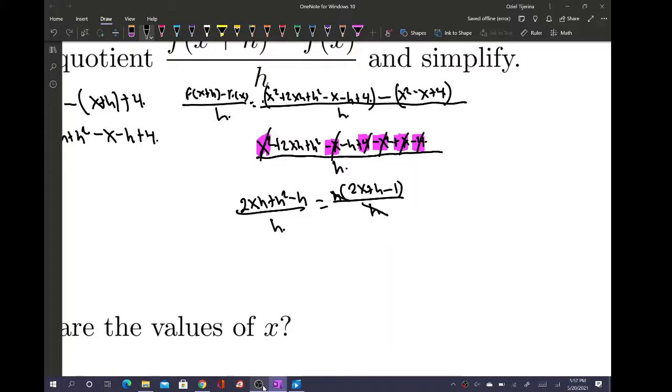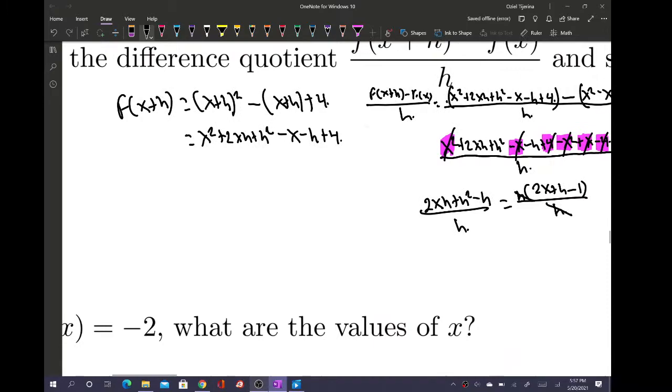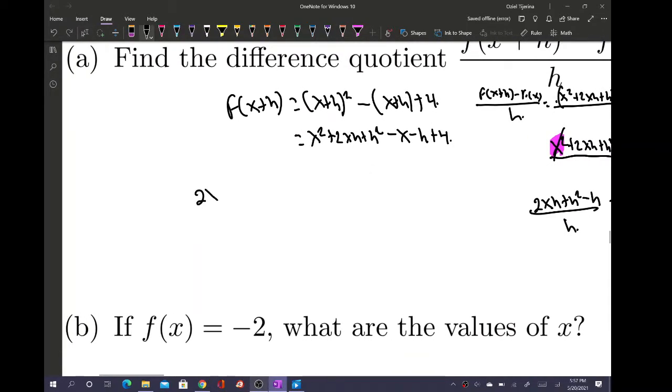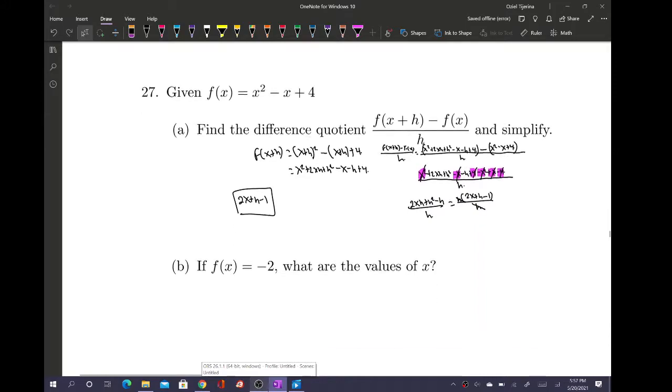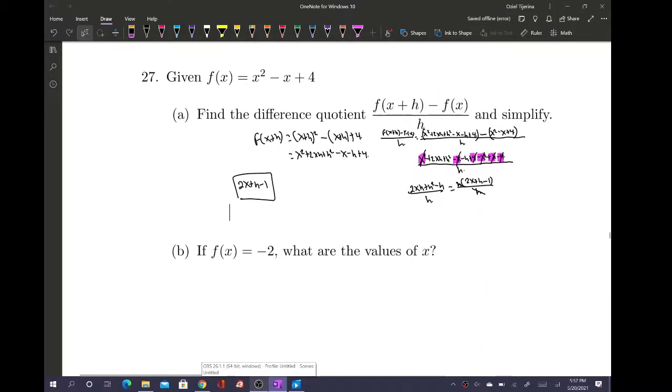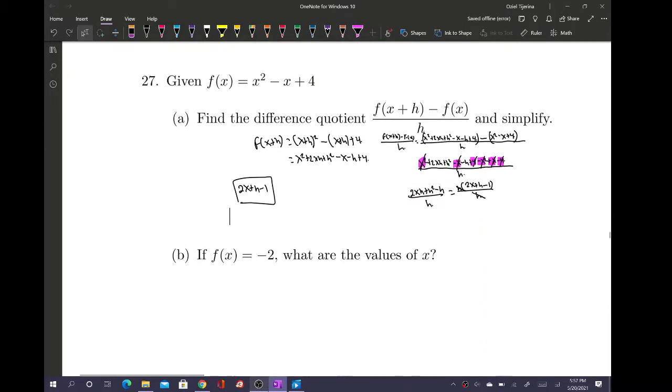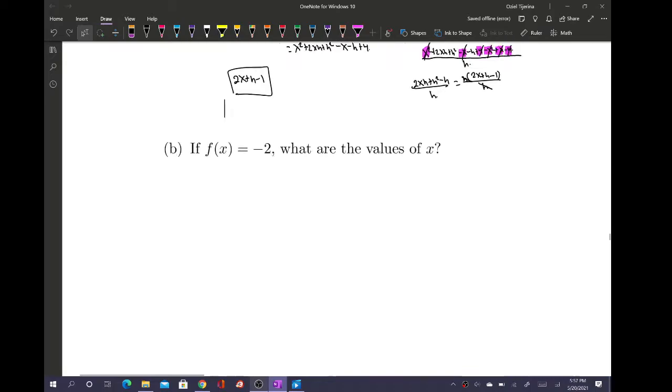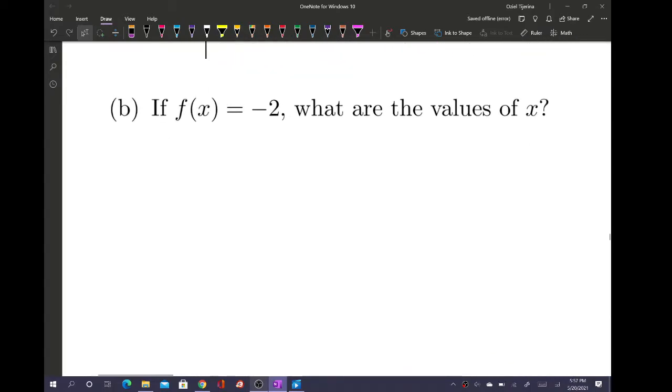You then cancel this out and you get 2x + h - 1 as your answer. And that is how you do it. Like I said, this is very important for calculus. You do these in calculus a lot, so it's very important that we understand how it is.